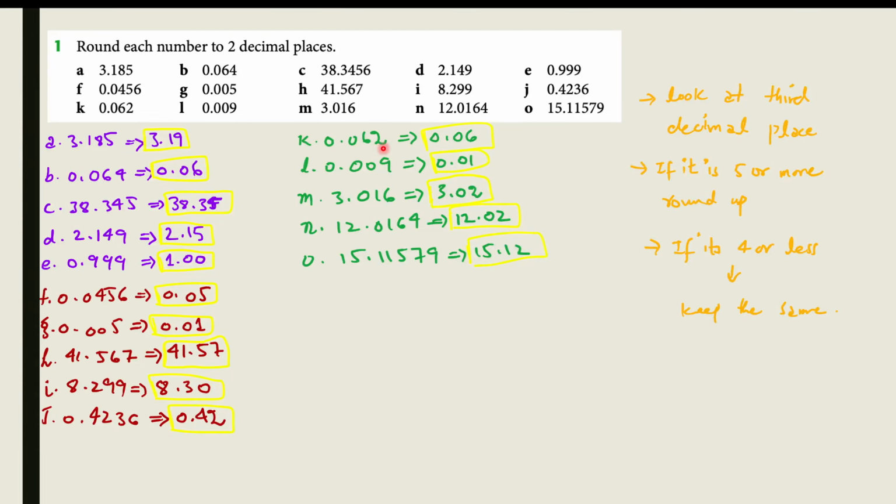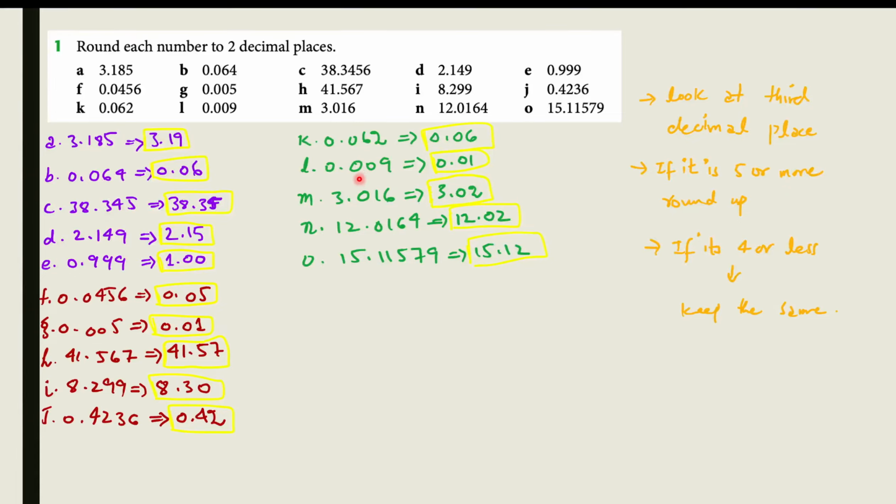It is less than 5, so no changes will be done to the second decimal place digit, and we will get, after rounding it to 2 decimal places, 0.06. After the second decimal place digit, the rest of the digits are removed. As you can see in here, we have 0.06.